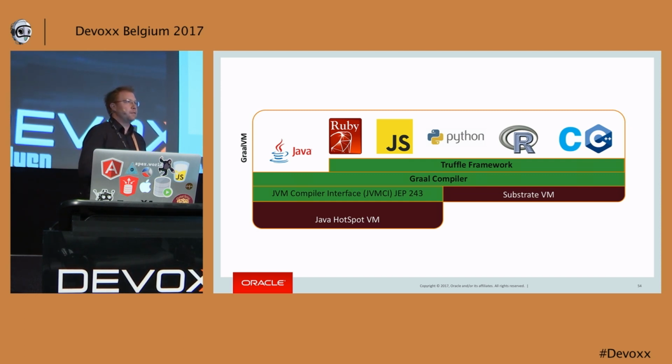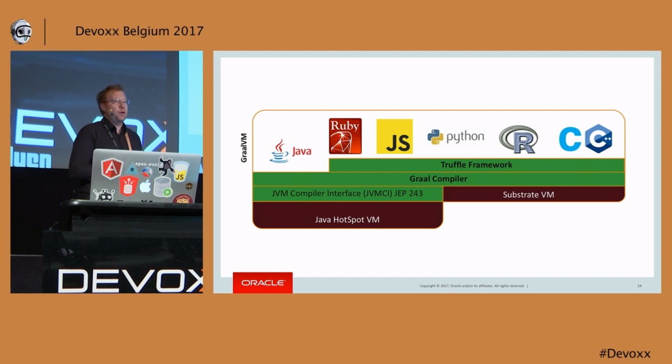Some you might write yourself, or Graal is the main example right now. Graal itself is written in Java, which means basically it's a Java compiler. So it can use Java code and execute it on HotSpot. That's nothing new. That's like using the traditional compilers.